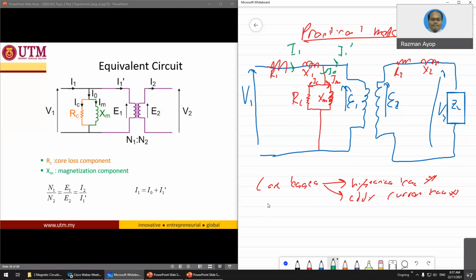Instead of N1 divided by N2 equal to E1 divided by E2, and I2 divided by I1, it will become I1 bar, because some of the current goes into I0. So I1 is equal to I1 bar plus I0. Make sure you know the relationship. This one is N1, N2.